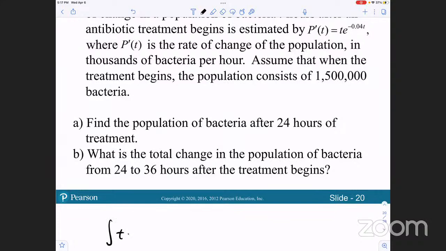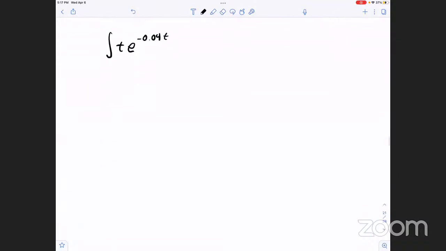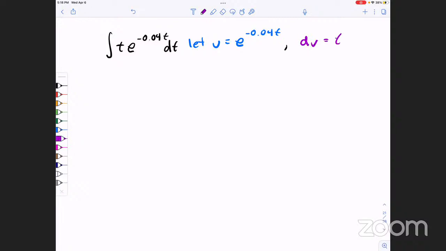So basically it sounds like they want us to find the integral of t e to the negative 0.04 t. Okay. So since we're doing integration by parts, let's let u be e to the negative 0.04 t, and this needs to be a dt right here. And then we can also let our dv, something that's easy to integrate, be t dt.